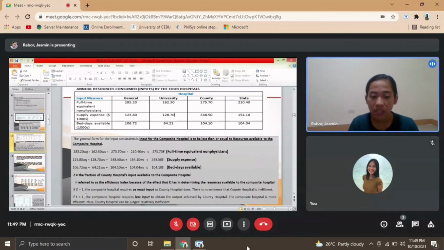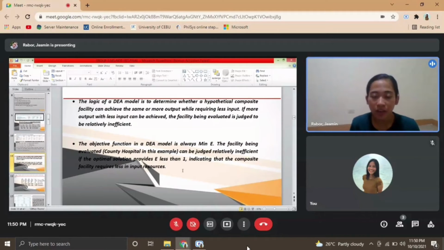However, if E is less than 1, the composite hospital requires less input to obtain the output achieved by county hospital. Next, the logic of a DEA model is to determine whether a hypothetical composite facility can achieve the same or more output while requiring less input. If more output with less input can be achieved, the facility being evaluated is judged to be relatively inefficient.